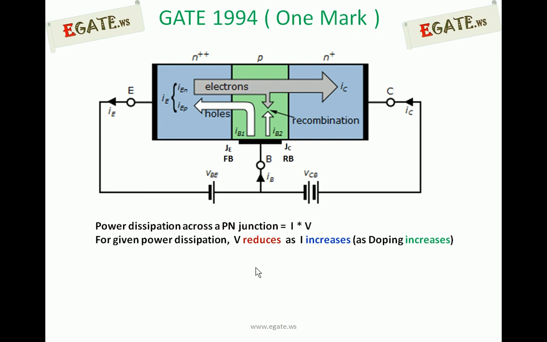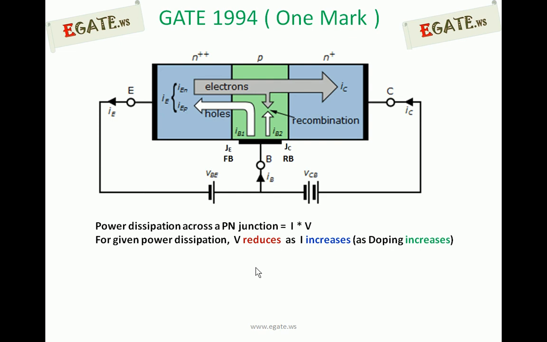This is the reason why Zener breakdown occurs at lower breakdown voltages, whereas avalanche breakdown occurs at higher voltages. Zener breakdown occurs in heavily doped PN junctions. In heavily doped PN junctions, the current components are very large, so breakdown occurs at smaller voltages, less than 6 volts.